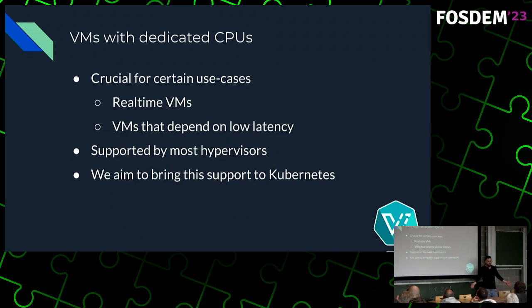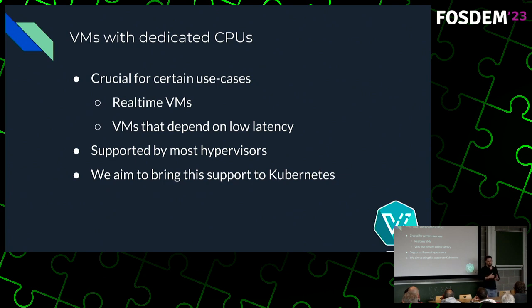So what's the deal with dedicated CPUs? Basically the key word here is avoiding preemption or context switches, right? This is crucial for certain use cases like real-time VMs or VMs that depend on very low latency. As a naive example, let's think about a VM that hot loops over some condition. And when this condition becomes true, it has to react really, really fast.